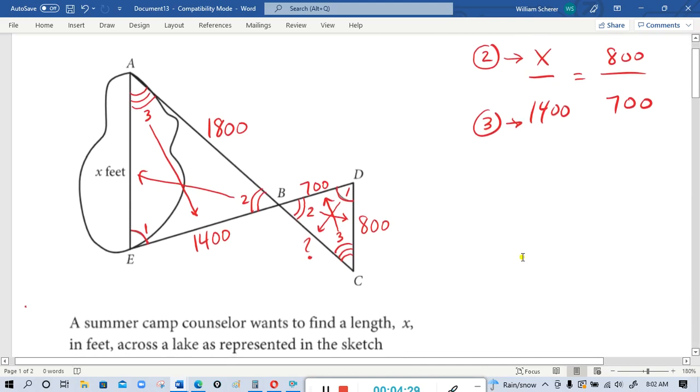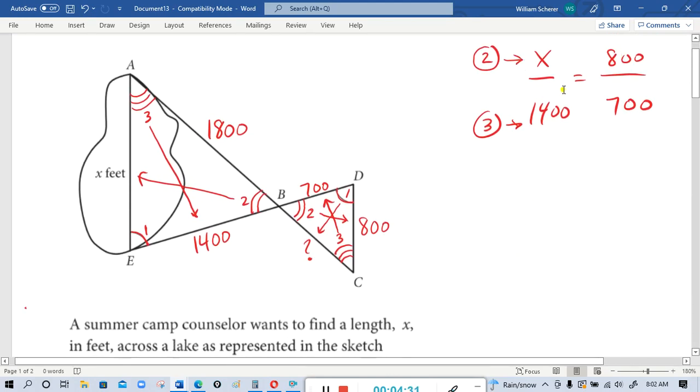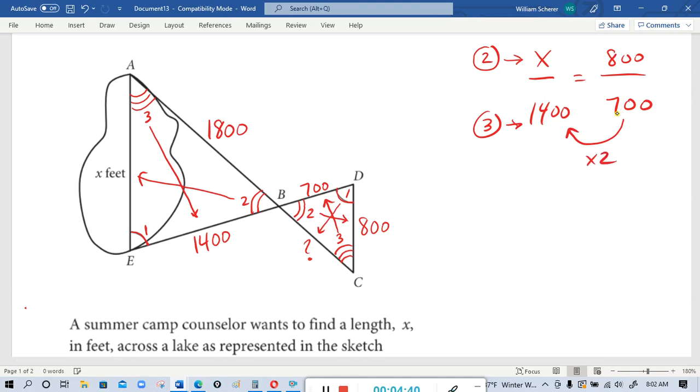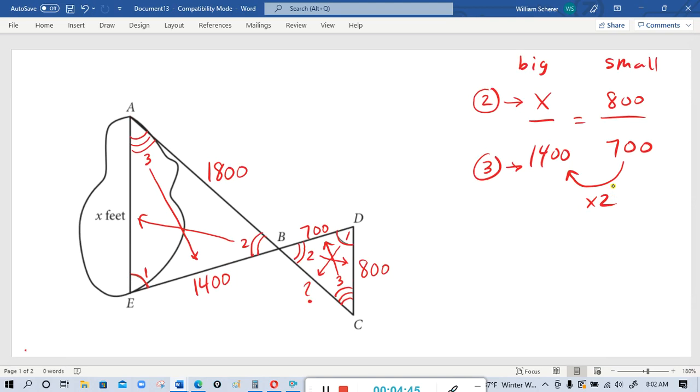From this point on, it's easy. You can cross multiply if you want to, but clearly you can see that if you multiply the 700 times 2, you will get 1400. So if you multiply 800 times 2, you will get X. And of course, 800 times 2 is just 1600. So that's it.